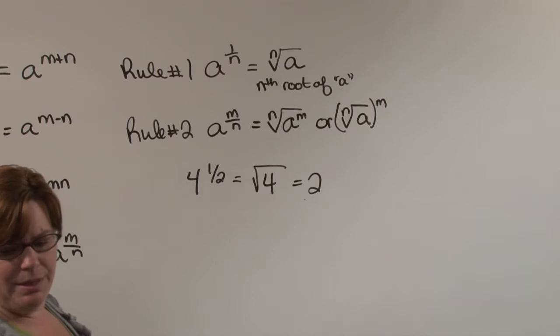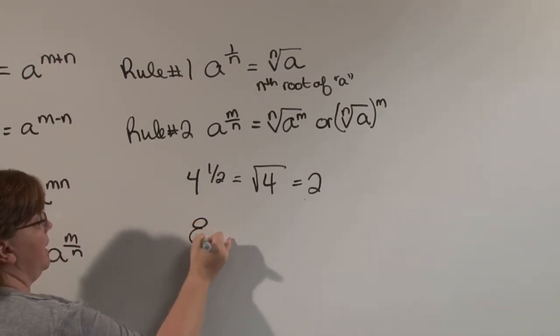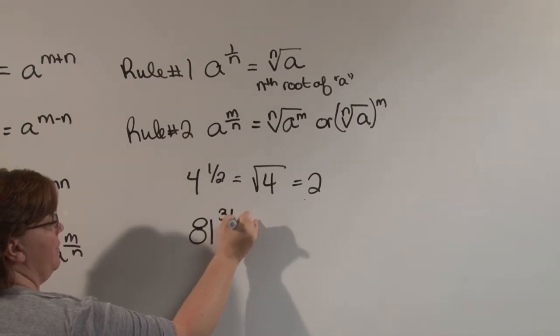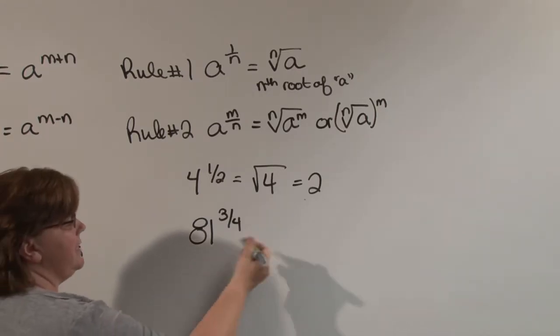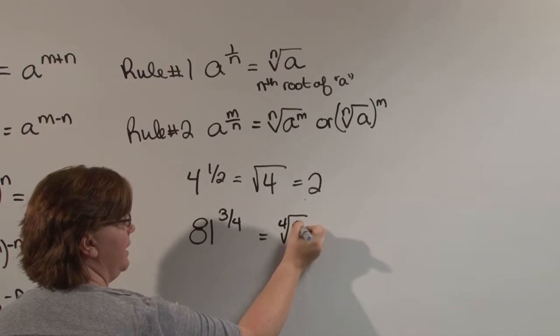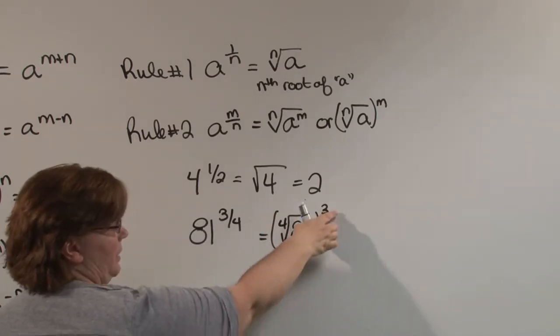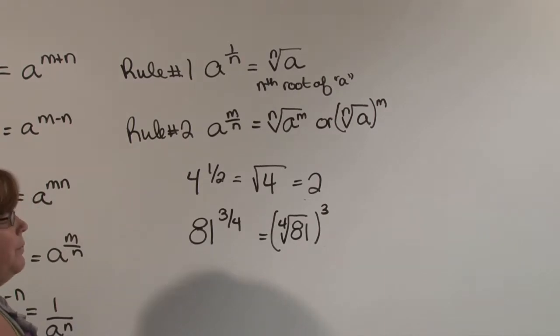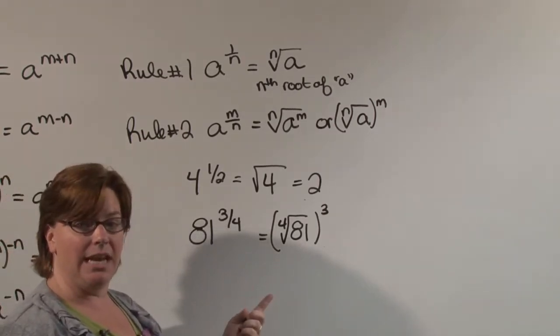So let's do another one with a number that's a little different. How about we take 81 to the 3/4 power? That's a little bigger than just a 4 that we typically know. What that's telling me to do is to take the 4th root of 81 and then take that answer to the 3rd power. So we are asking what number times itself 4 times gives us 81.